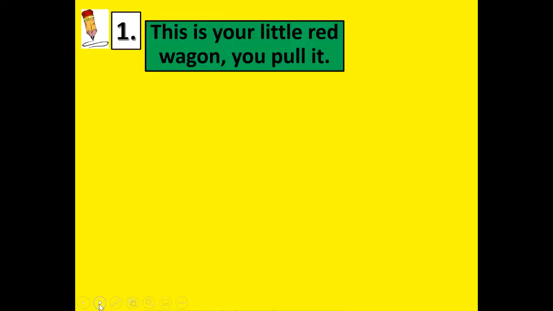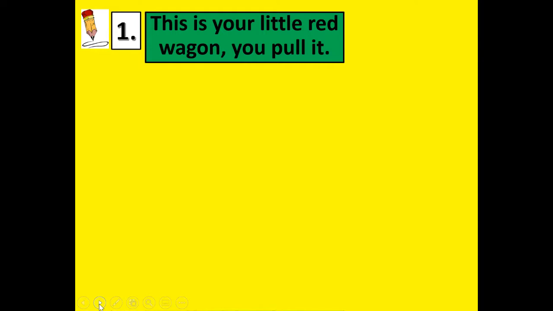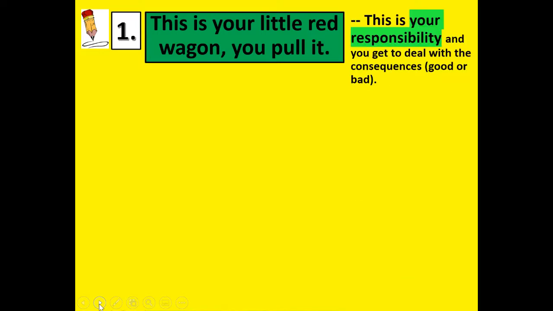So number 1, this is your little red wagon, you pull it. That is a saying, and I want you to write it. What does that mean? It means this is your responsibility and you get to deal with the consequences, good or bad.